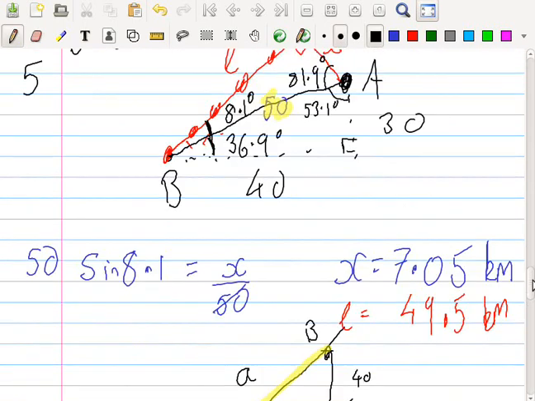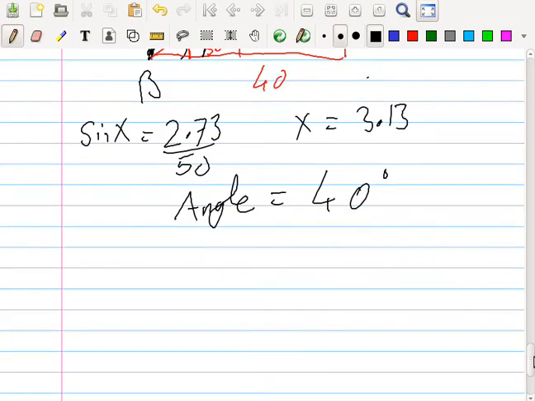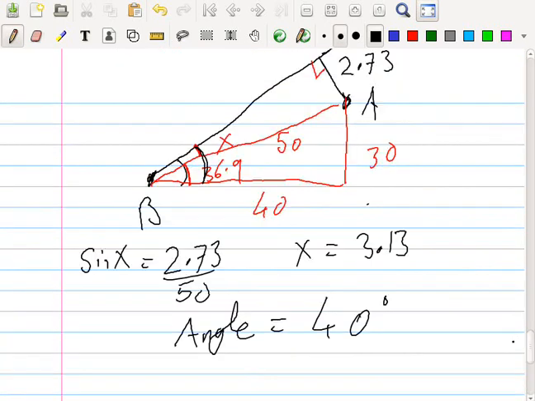At 45 it was 7.05. And then what happens is the ship lowers its angle to 40, and now it's 2.73. What angle would the ship B have to set sail at so that it impacts A? 36.9.